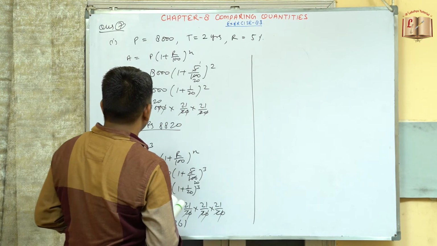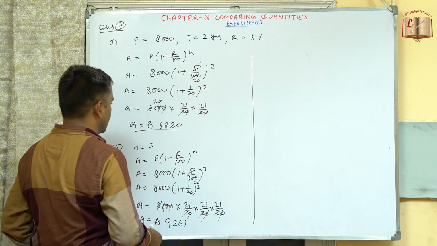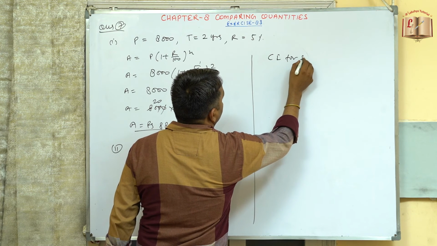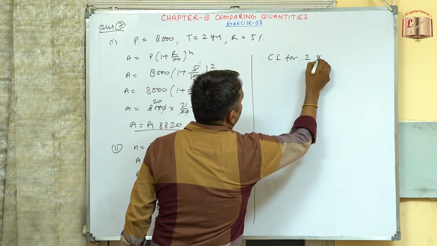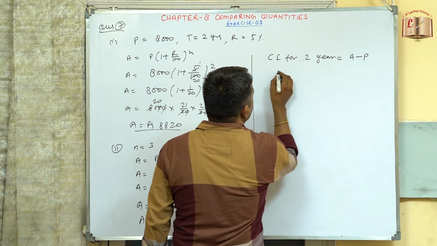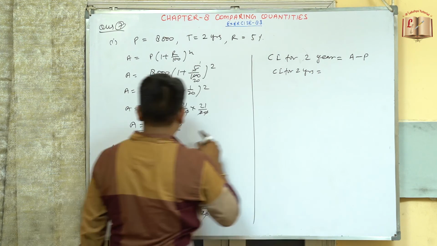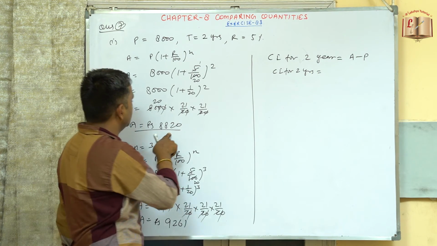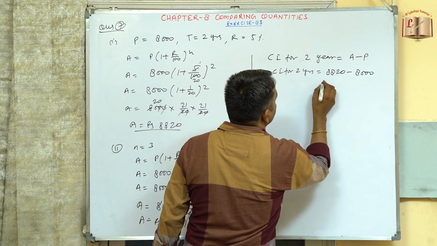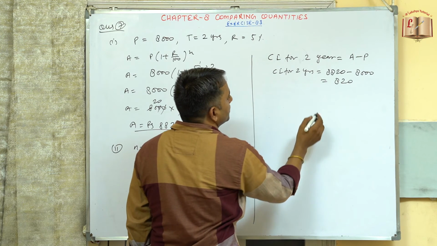So now we can find out the difference. At the end of 3 years, third year, so interest for the third year. Now we will find out the interest or CI for 2 years. For 2 years this will be now A minus P. So CI for 2 years will be now A, from here we got 8,820 minus 8,000. So this is now rupees 820.